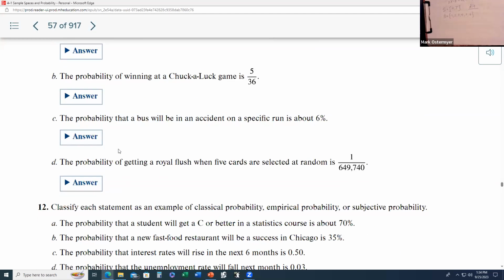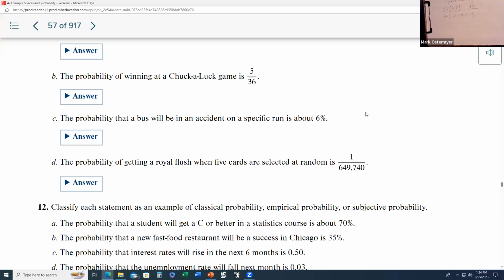So. All right. The probability the bus will be in an accident on a specific run is about 6%. How do you think they figured that out? How do you think they would even figure that out? 6% chance. What would they even base that on? I mean, maybe sitting and watching them go by on this particular stretch for a year. Yeah, there you go. So that would definitely be like a relative frequency way then. Do you agree? Of computing this probability?